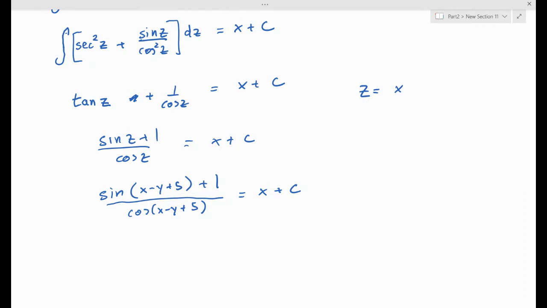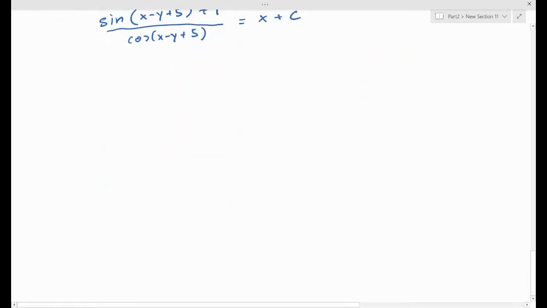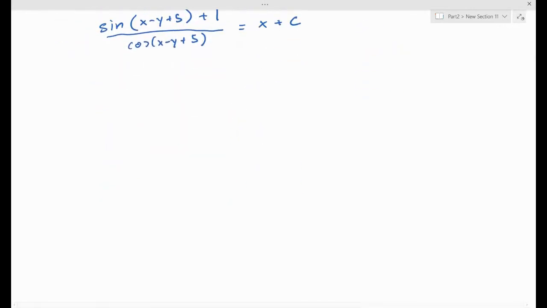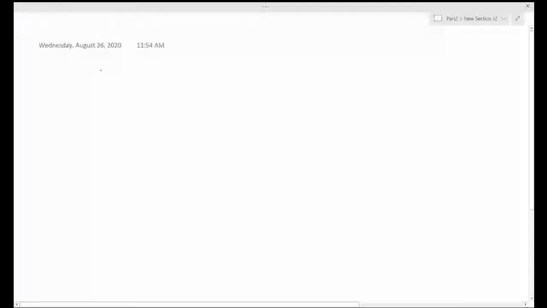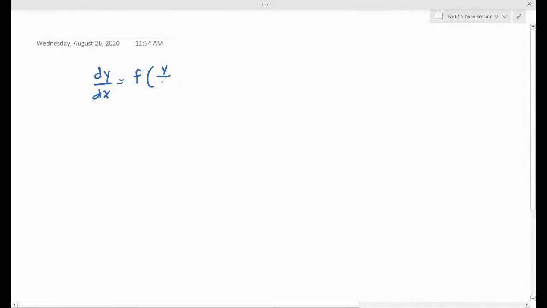All right. Another place this theme of substitution comes in would be if you have dy/dx is equal to a function of x and y, but better than that, it's actually a function of the ratio of y to x.